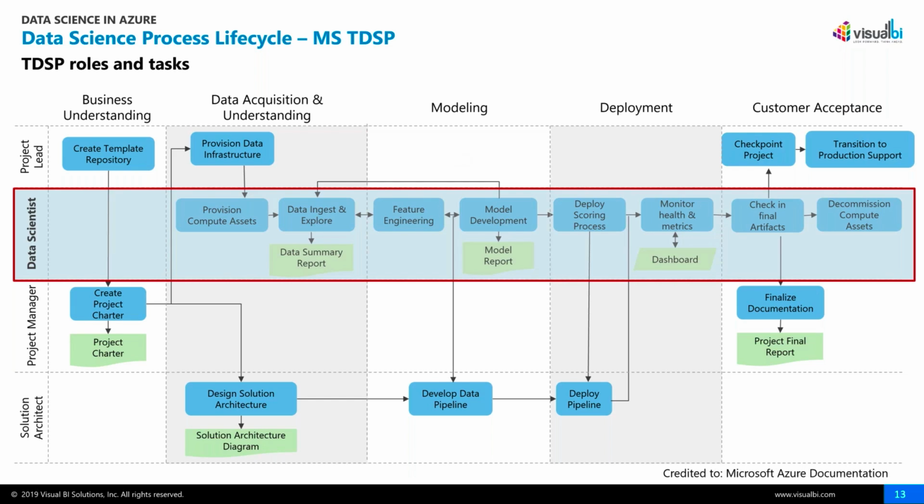When we think of the term data science and data science type work, obviously there's a subject matter expert, a data scientist who's usually involved with that. But really, when you think about the overall life cycle, you do have to have a solution architect involved to help make sure that the infrastructure and the design is solid and can be supported by the business, as well as, of course, a PM and a project lead who provide that leadership from driving the project forward, as well as making sure that the business requirements are being represented appropriately.